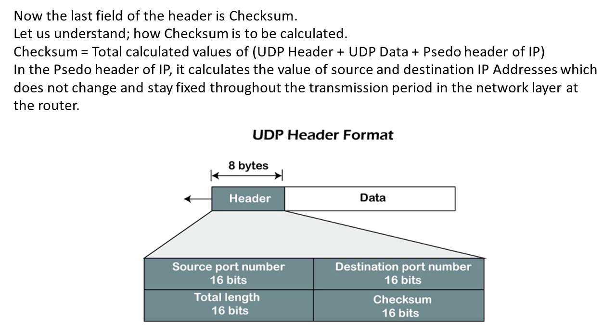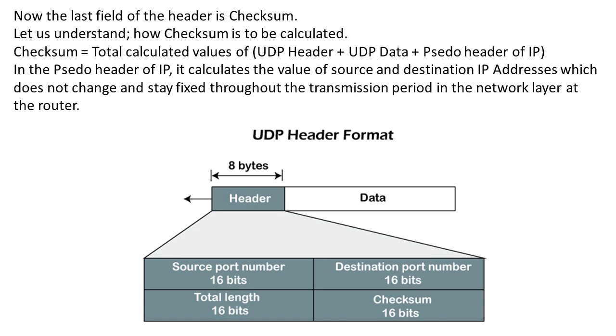Now the last field of the header is the checksum. Let us understand how the checksum is calculated. Checksum is equal to the total calculated value of the UDP header plus UDP data plus the pseudo header of IP.